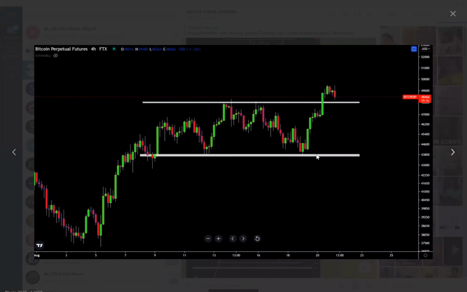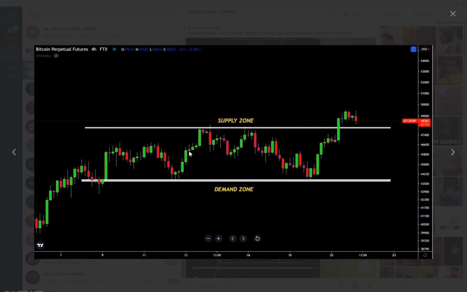So here I was looking at this level of support and resistance, and that support and resistance is actually giving us a supply zone and demand zone. When price continues to hold within this level and breaks above one side of the level, if it is the resistance, then you know what you normally read online, that resistance will turn to future support.